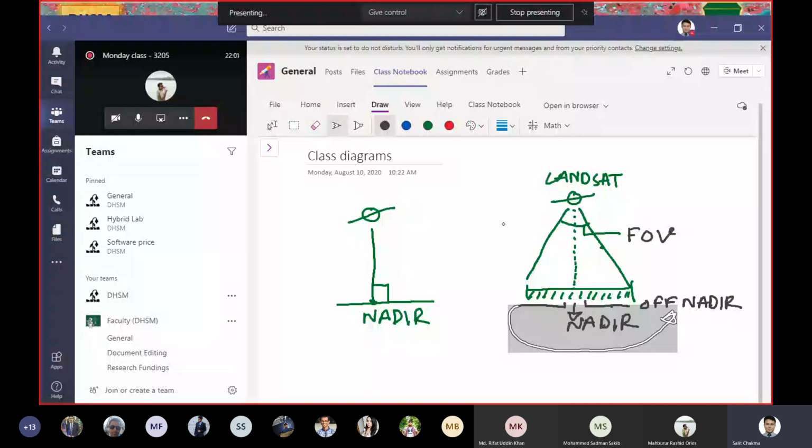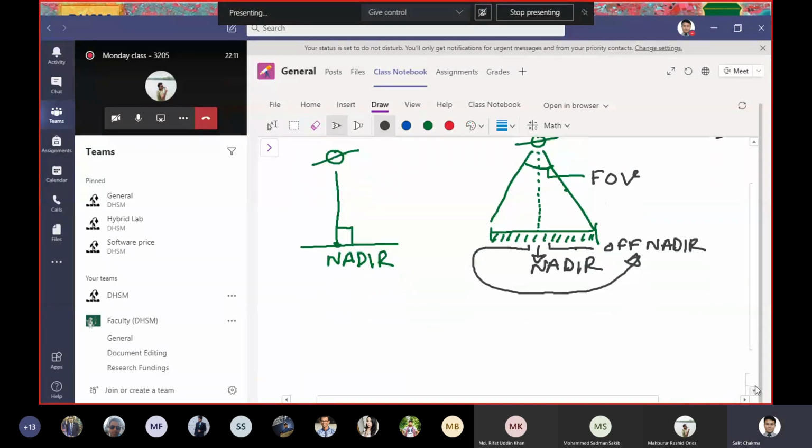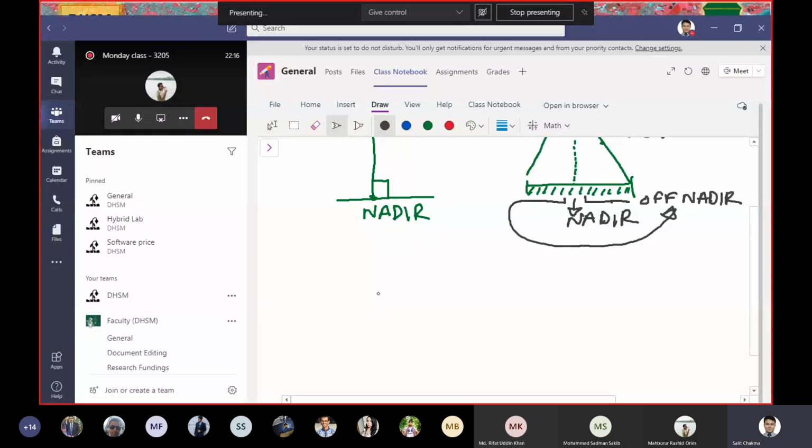However, if you come to SAR, you have one satellite, this is SAR, and this is the ground. It sends the signal like that. Let's say this is the space that SAR wants to sense.